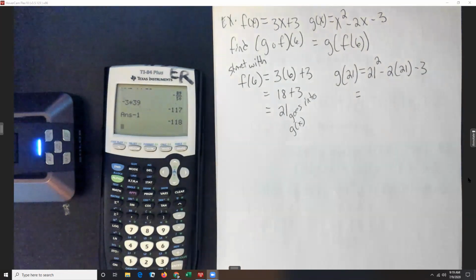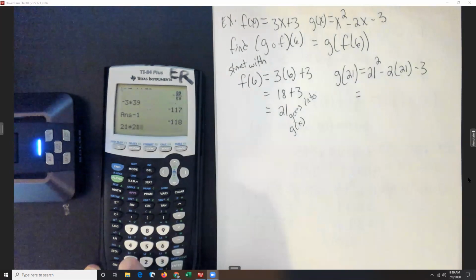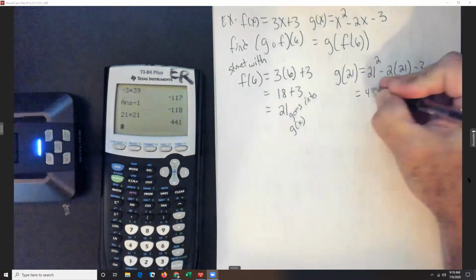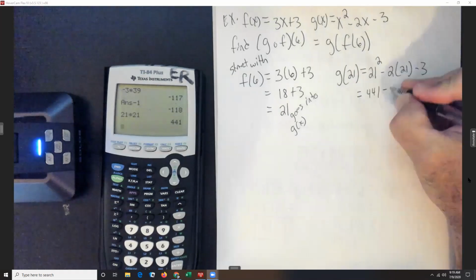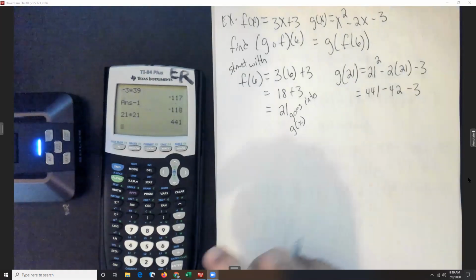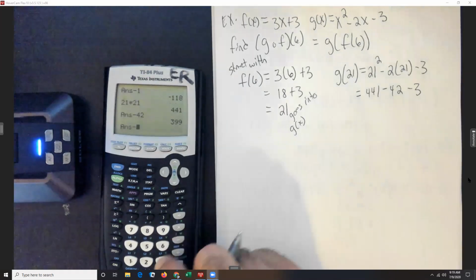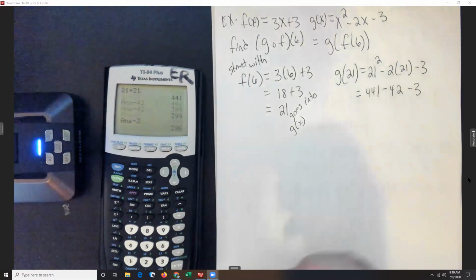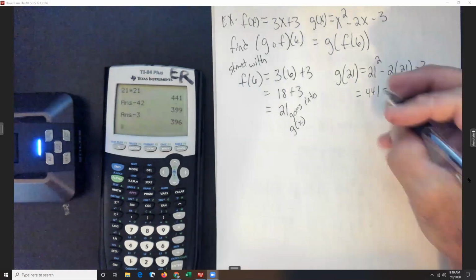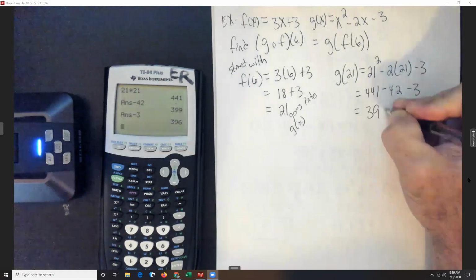And then once you find the f, they're making you find the g. So y'all, woo, 21 times 21, that's a big number, I think. That's going to be 441 minus 2 times 21 is 42 minus the 3. So let's see, 441 minus 42 minus 3 is going to give me, what's that, 396. And 396 is final answer.